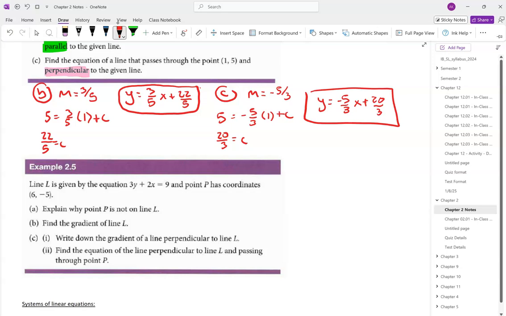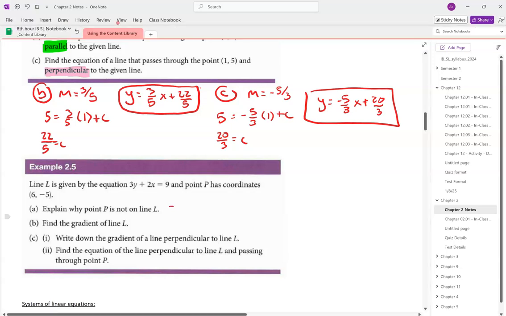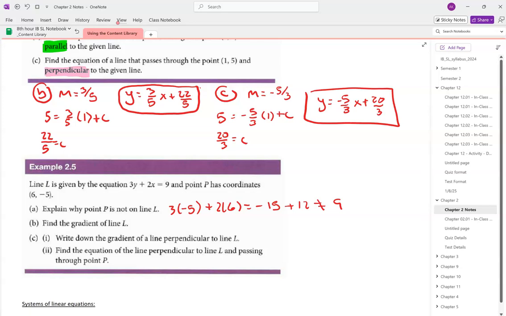What's going to happen when I plug P into L? It's not going to equal 9. Let's just check that. There we go. That's my explanation. You guys happy there? Okay.